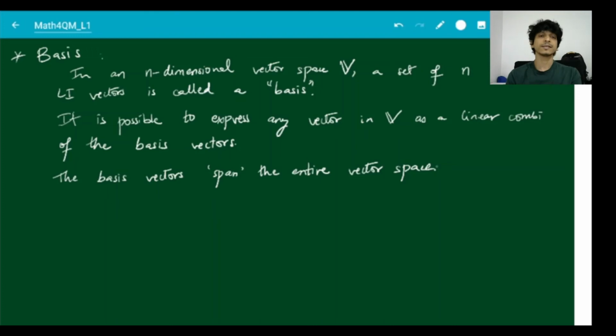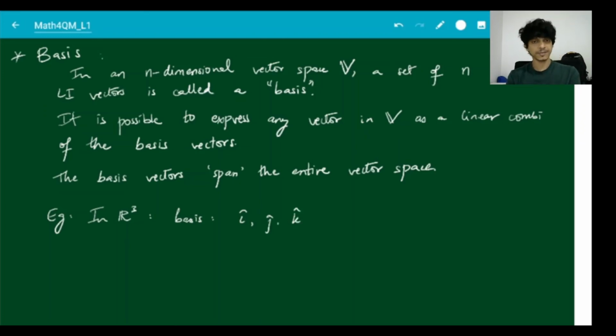These are a set of n linearly independent vectors. So for example, again, don't get very alarmed by the language and the new words that I introduced. Just think of it in terms of the vectors that you're already familiar with. So for example, in the vector space R3, three-dimensional space, I can choose my basis vectors to be i, j, k.